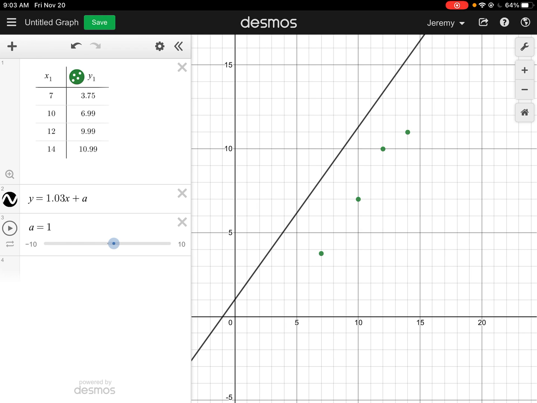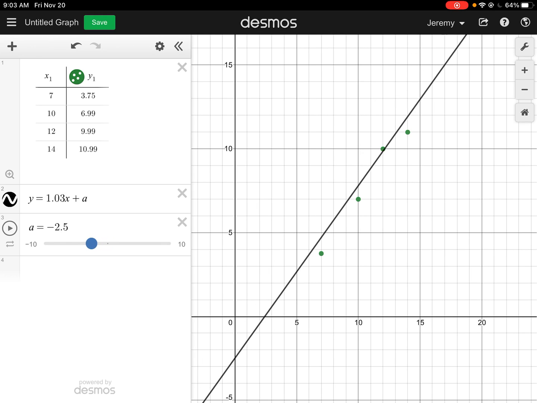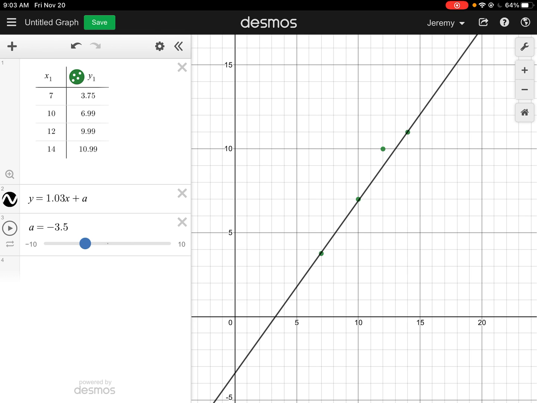So if we do this, it looks like we need to move it down, and we want to sort of have an equal number of points above and below this line. All right, so if we look at that, we get maybe negative 3.2, negative 3.4. Again, let's go with negative 3.3. All right, so you have 2 points sort of above or on and 2 points below the line.